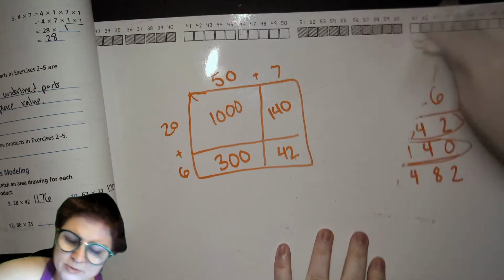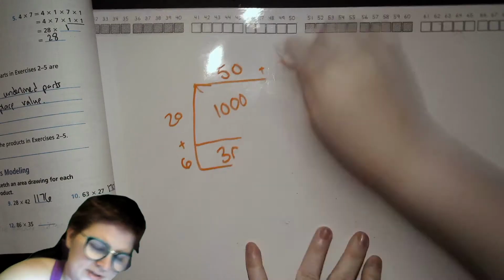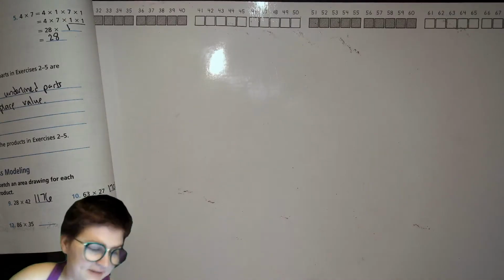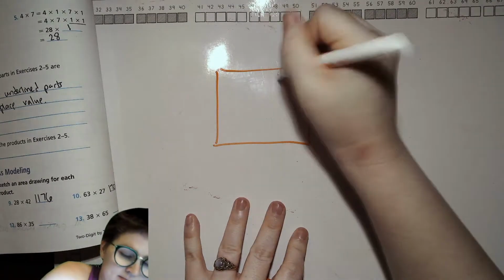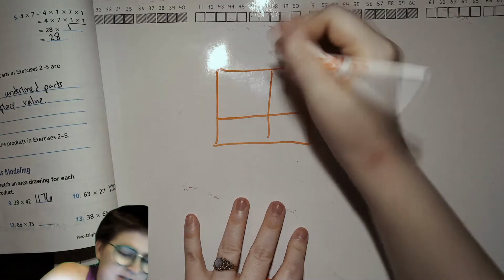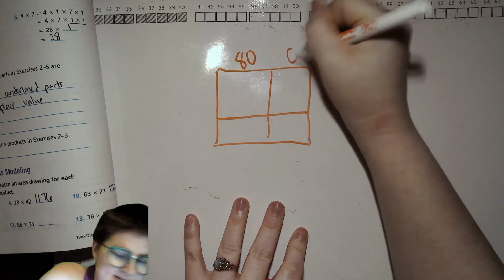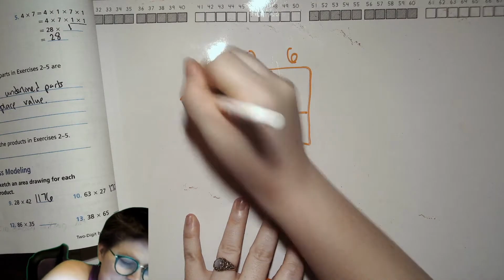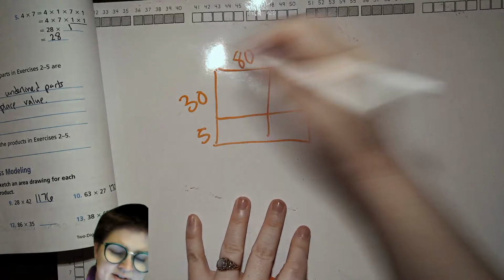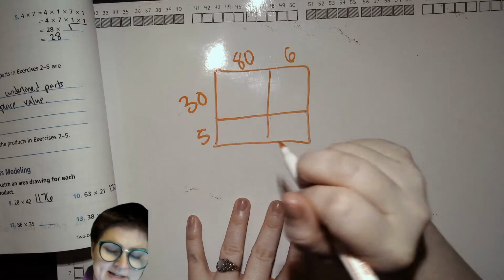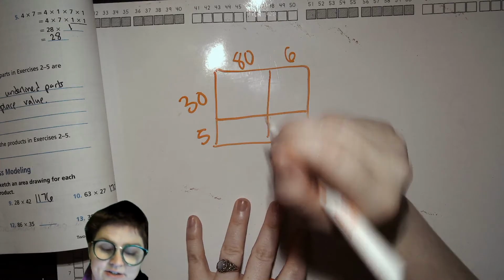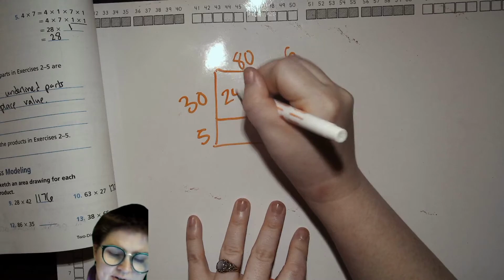Okay, we got 2 more. Okay. 86, 35. So 3 times 8 is 24.